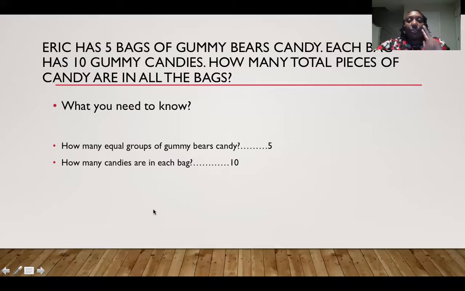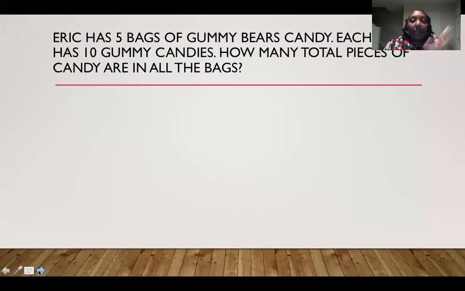So far, there are two things that we know. We know there are 5 equal groups of gummy bears candy, and we also know there are 10 candies in each group. Those two things are very important because that's going to help us in solving our problem. So let's find out how many gummies we have in all.